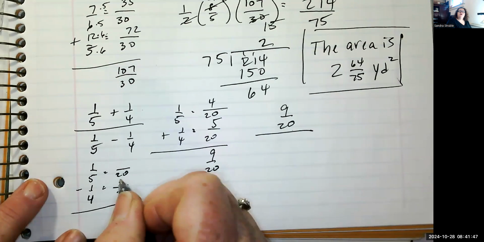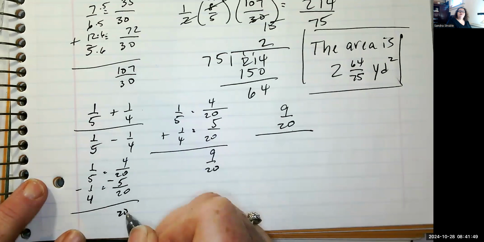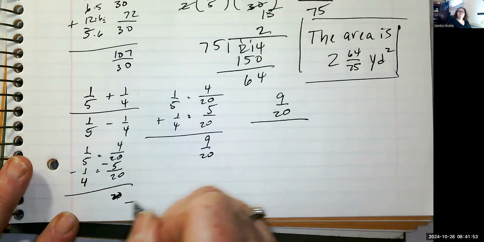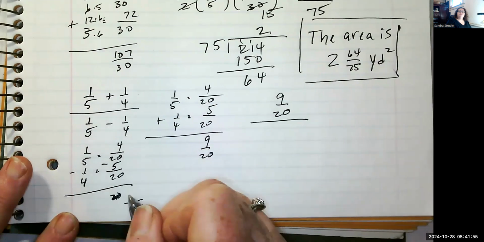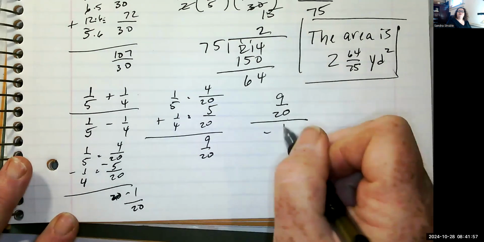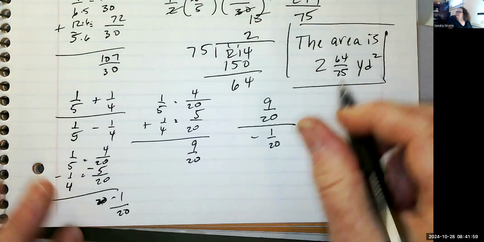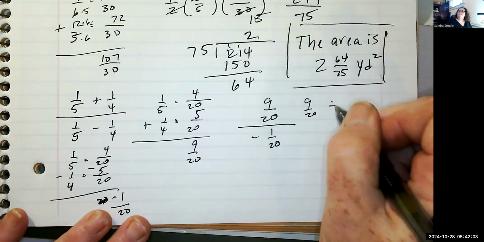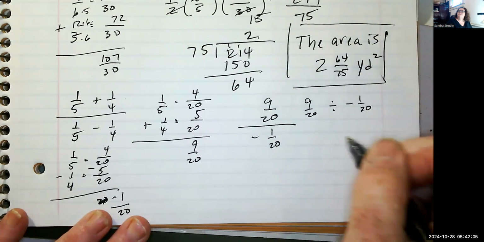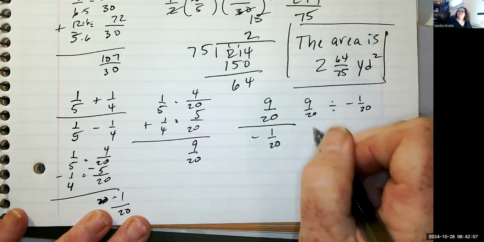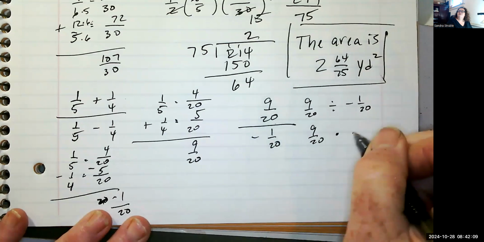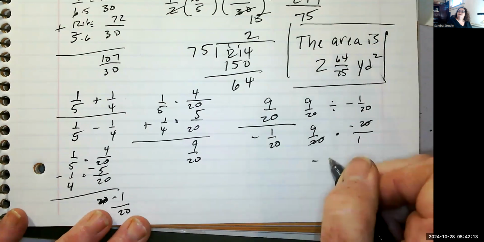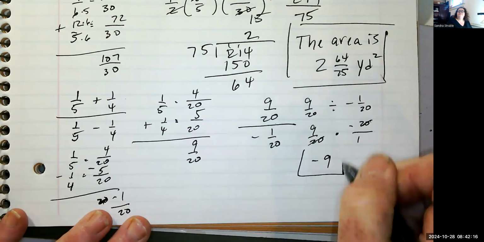And this is going to be a 5 and a 4. And we're subtracting these. Oh, I should have put this down here. 4 minus 5 is -1. So -1/20. 9/20 divided by -1/20. I'm going to keep, switch, flip. These reduce, and we're left with -9.